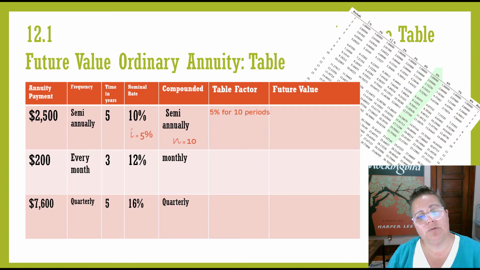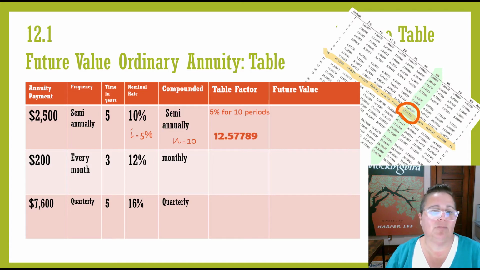So we're going to find the 5% column, and then we're going to go across the 10 periods to get a table factor of 12.57789. The future value of this account will be that $2,500 multiplied by the 12.57789.